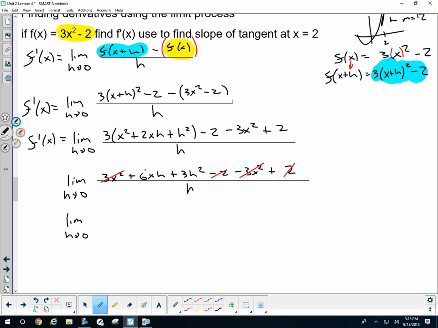Leaves me with just 6xh plus 3h squared. What do I do now? Factor an h out.